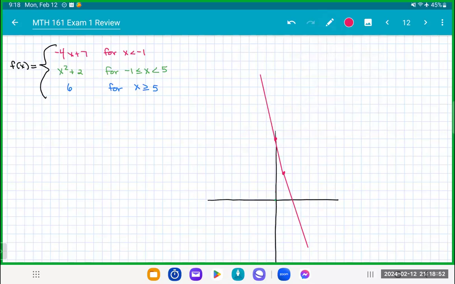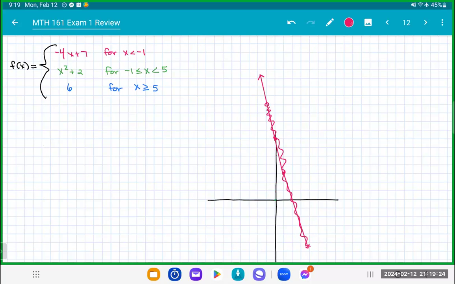And it's going to go off into infinity in both directions. But remember, this says for x less than negative 1. So here x is less than negative 1. So this is actually hollow, and all of this is not part of the graph. Okay? So that's for the red one.